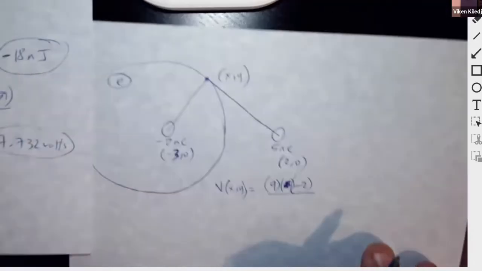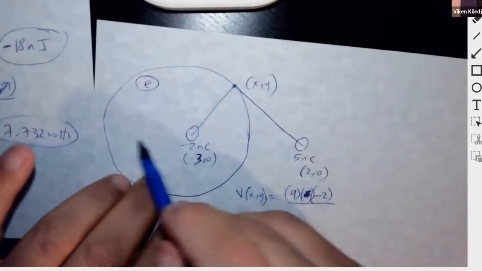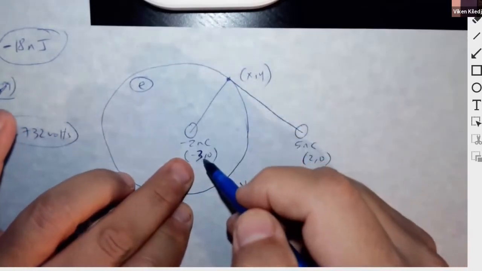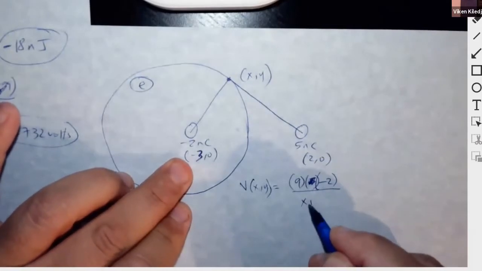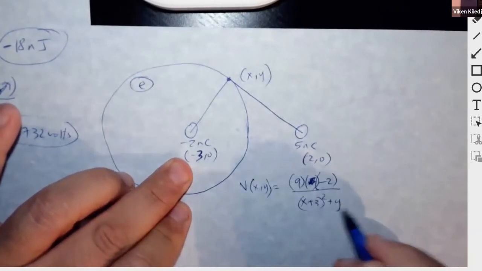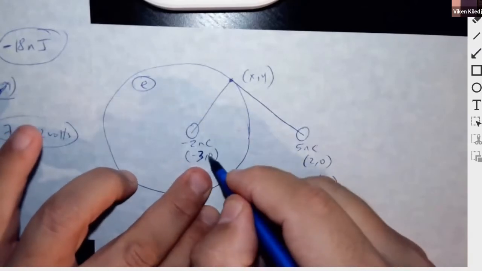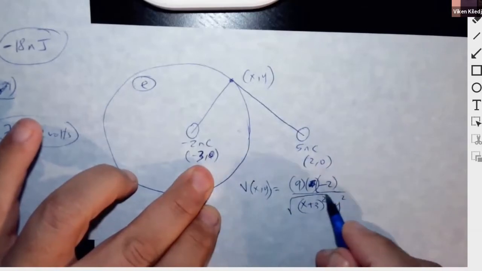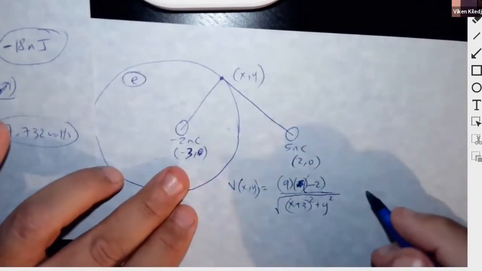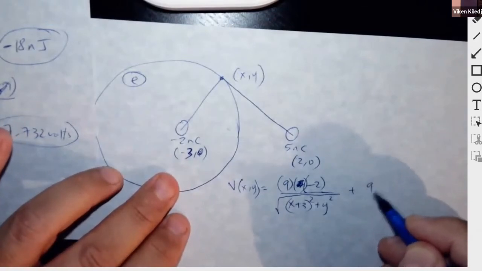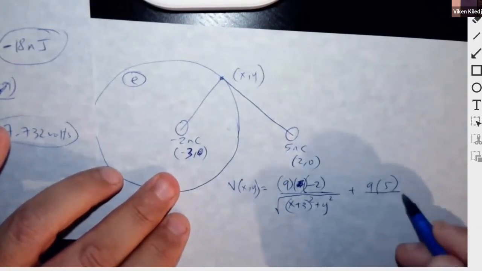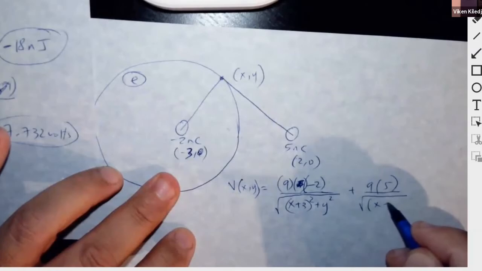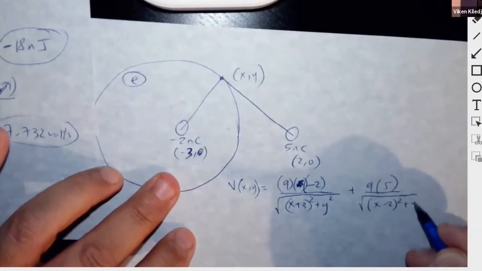Over. Okay, since we're not necessarily on the x-axis anymore, we're going to use the general distance equation: the square root of x plus 3 squared plus y minus 0 squared. Plus 9 times 5 over the square root of x minus 2 squared plus y squared.